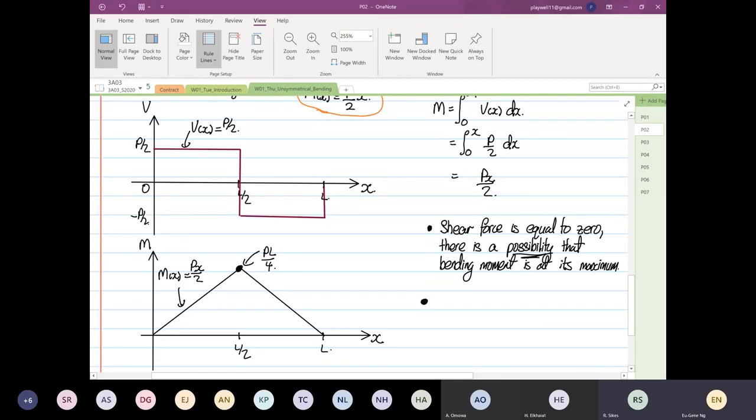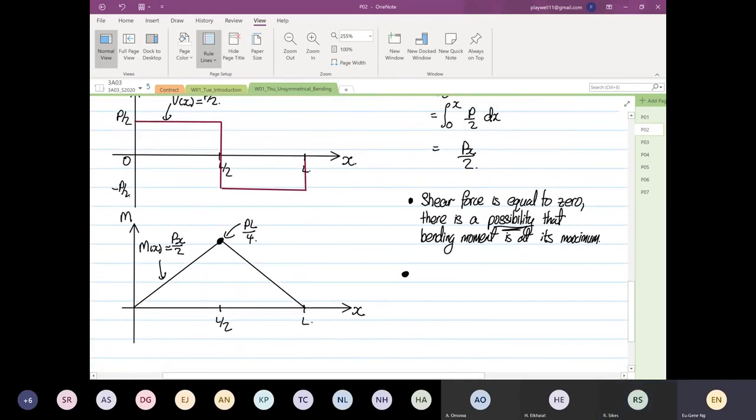Well done. Okay, so I'm going to write this down. So the magnitude of the shear force. Sorry, is it the magnitude?